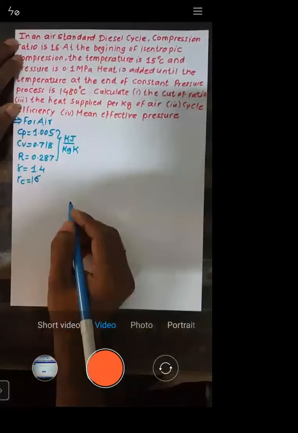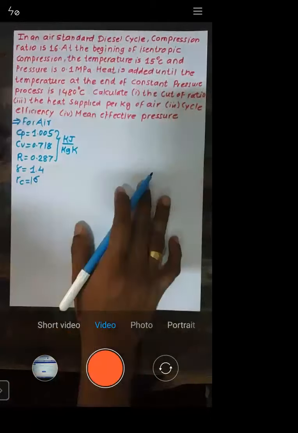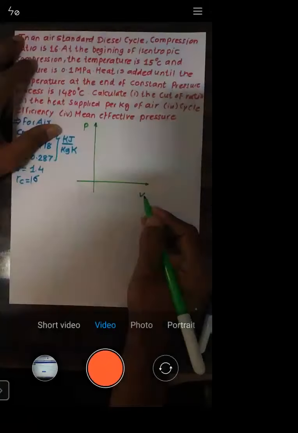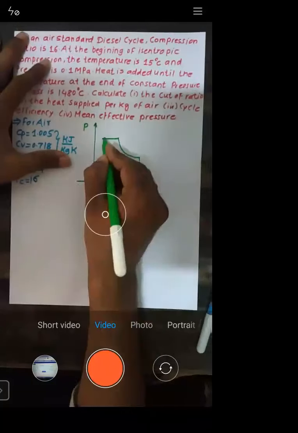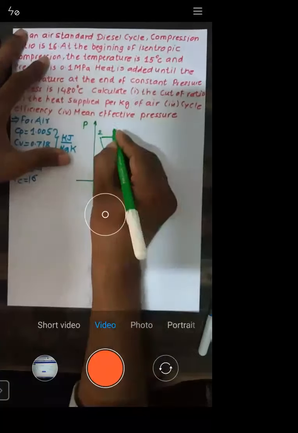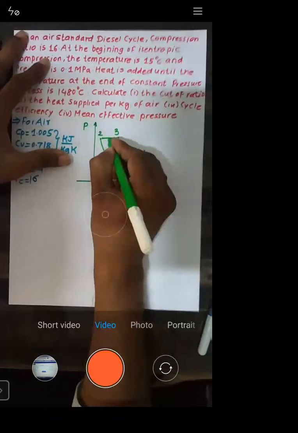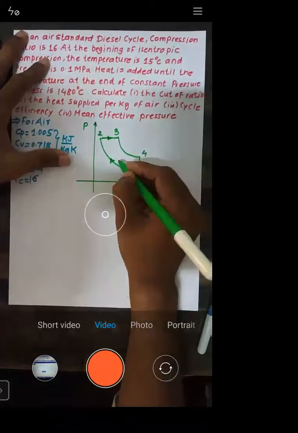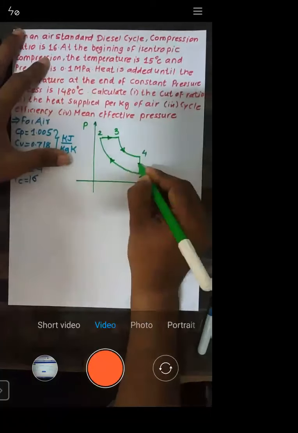Let us start with the diagram. This is the pressure scale, this is the volume scale. Now we should plot the PV diagram for the diesel cycle. This is 1, this is 2, this is 3, this is 4. 1 to 2 is isentropic compression, and 3 to 4 is isentropic expansion.